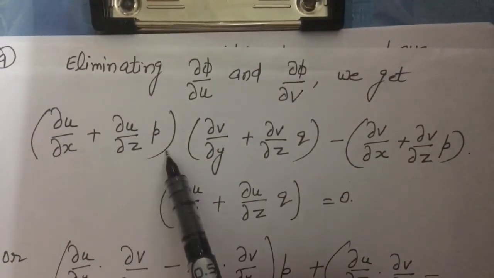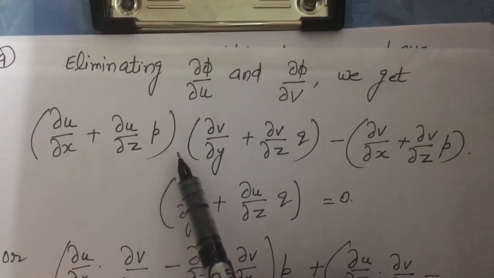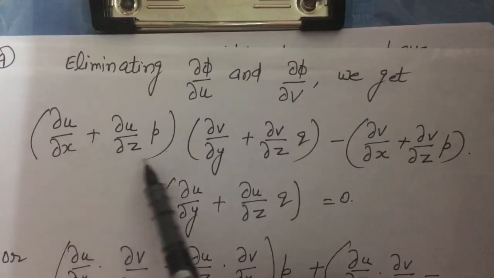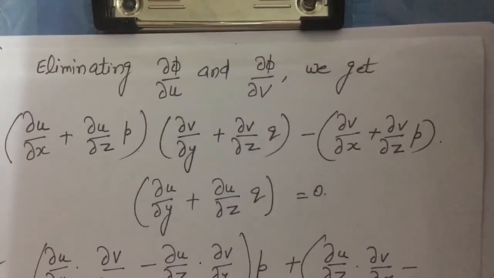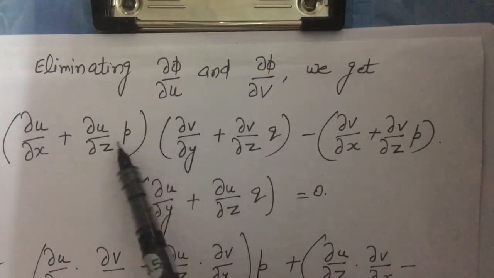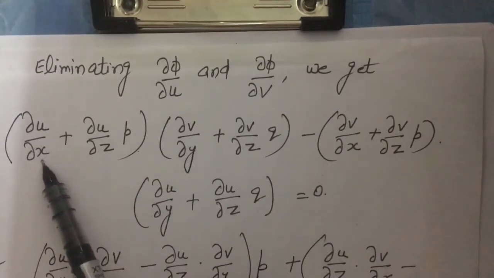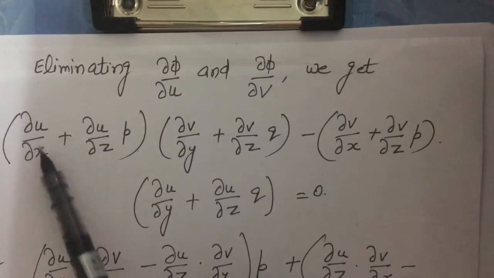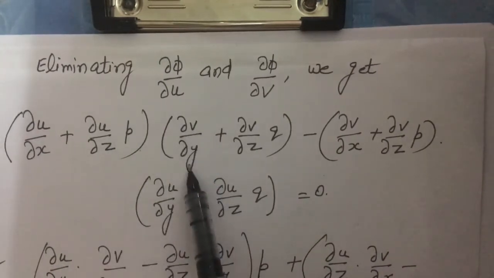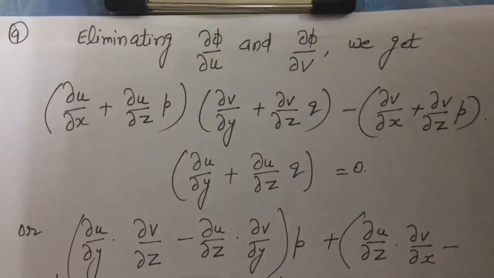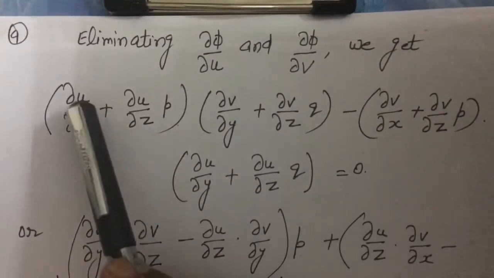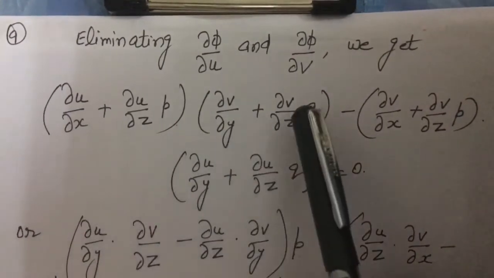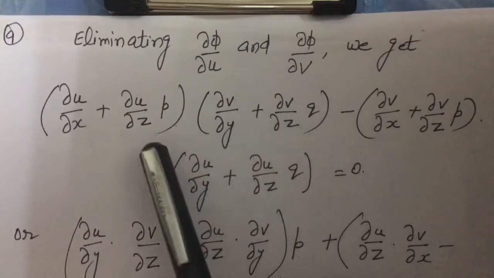This is that method. We multiply the first equation by the second coefficient and the second equation by the first coefficient, and then subtracting, you will get this equation. Then transforming the equation is simple mathematics. ∂u/∂x is multiplied by ∂v/∂y, and ∂u/∂x is multiplied by ∂v/∂z.